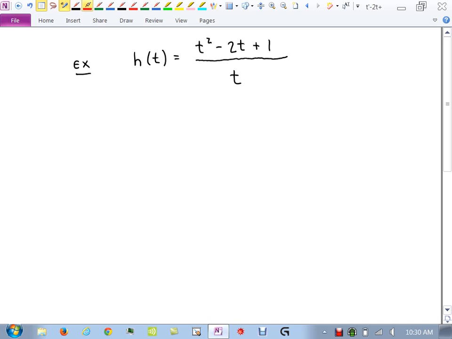Now let's find h of 2. So that means everywhere I see a t, I'm going to replace it with 2, right?